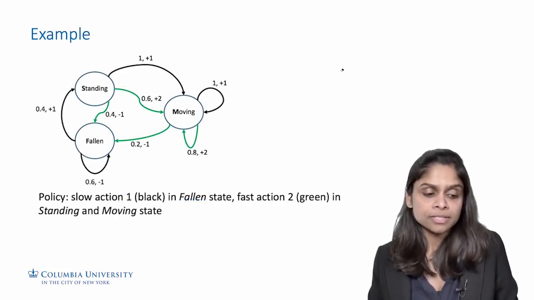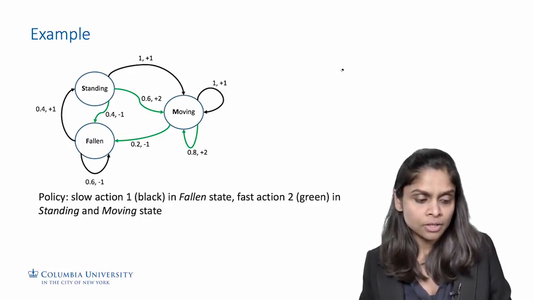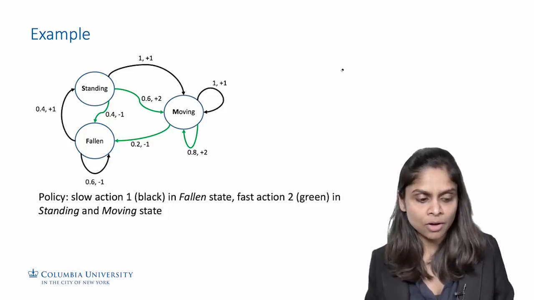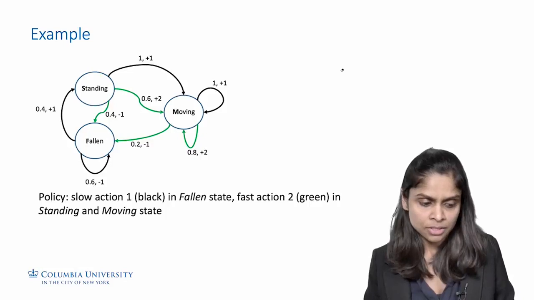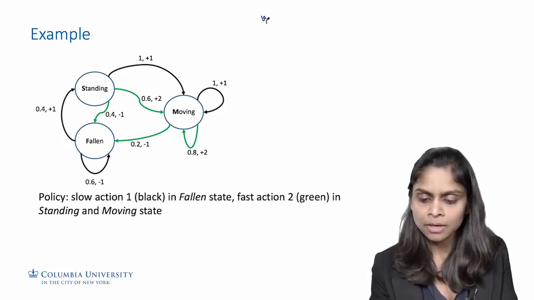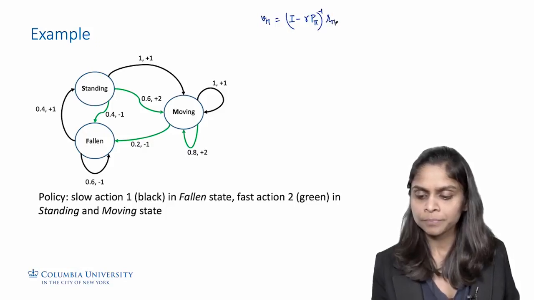Let's look at our earlier example again, and let's use the formula that we just arrived at to compute the value of the policy, which takes the slow action in the fallen state and the fast or the aggressive action in the other states. So we want to use the formula that V pi is equal to identity minus gamma P pi, inverse, R pi.